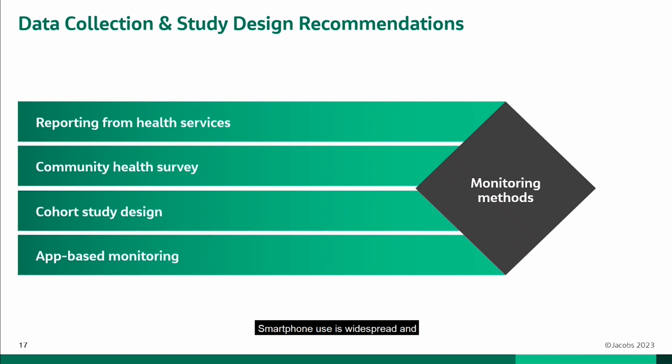Smartphone use is widespread, and therefore this is considered to be a widely accessible format. There may be potential to link with other apps already in use, such as for air pollution incidents. We would also recommend a cohort study design, which would require agreement and cooperation from the community to participate.